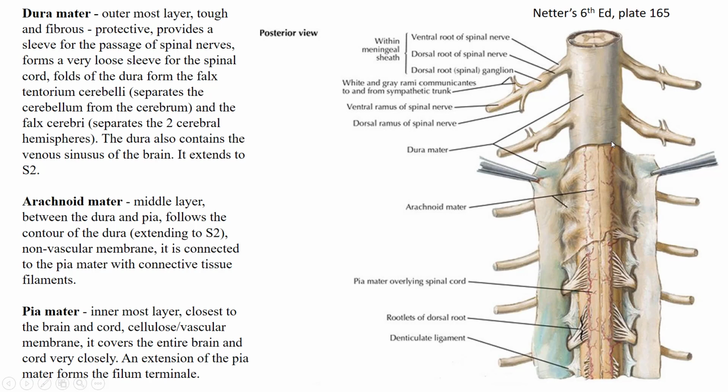It also forms the falx tentorium cerebelli, which is that separation in between the cerebrum and the cerebellum, and also the falx cerebri, which is separating the two cerebral hemispheres. And like we mentioned before, the dura extends all the way to S2. So that's this fibrous layer.